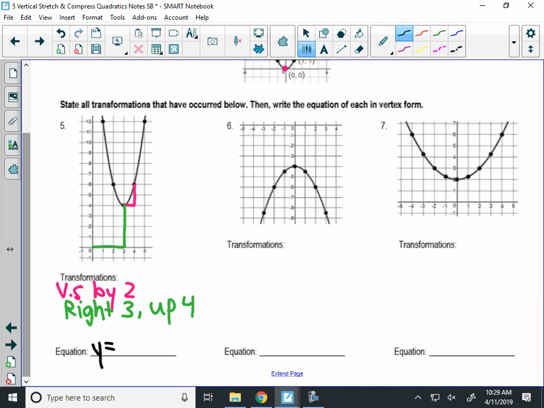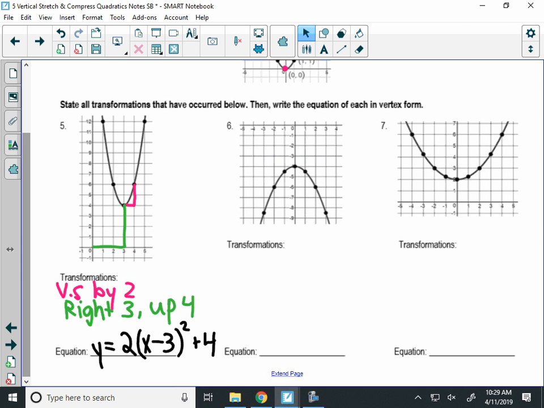Now the vertical stretch goes in front of the entire equation, so we would write a 2. Right is inside the parentheses, and it's a minus 3 squared. Up 4 is a plus. So that would be the equation of the graph in number 5.